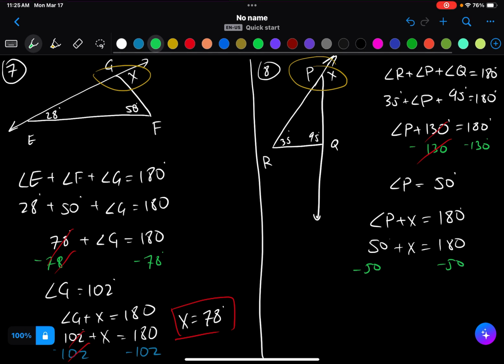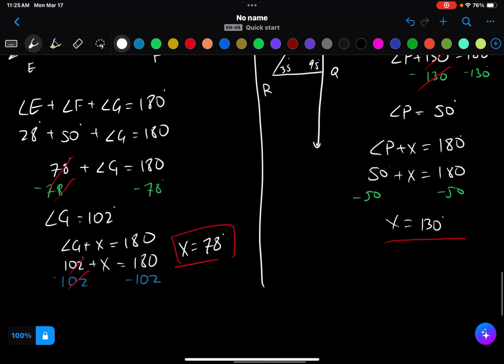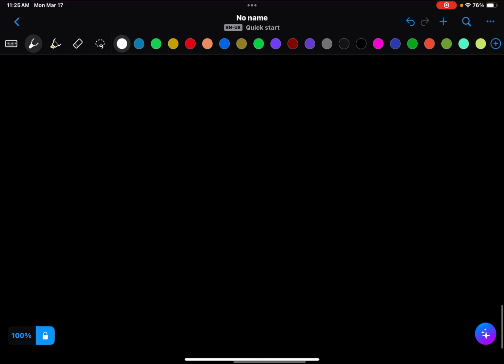And my missing supplementary angle to angle P is going to be 130 degrees. Oops. There we go. So that's number 7 and 8. So pause that if you need to. We're going to move on to number 9. Number 9 has this particular triangle here.